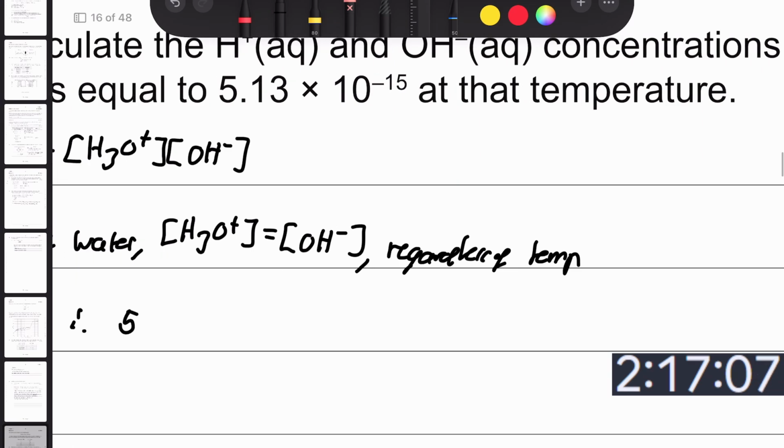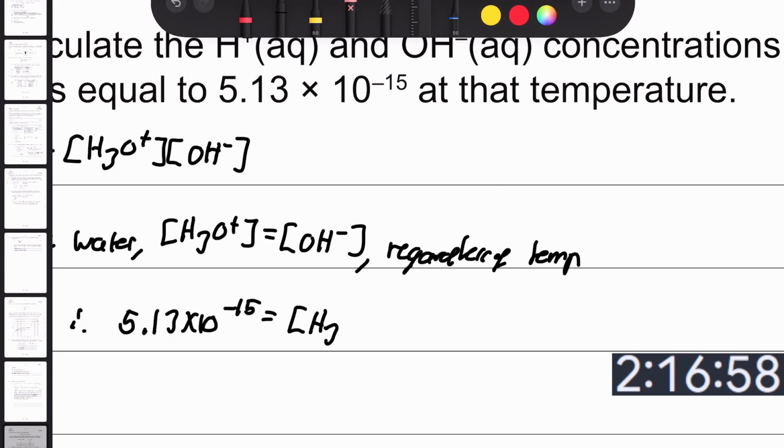So therefore 5.13 times 10 to the negative 15 is equal to this squared. I remember I made a mistake last time because I had a calculator error.